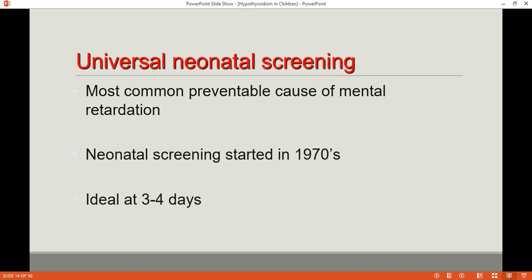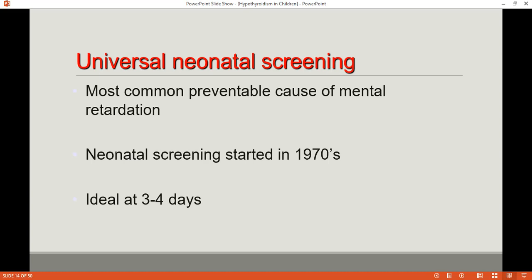NICH is starting neonatal screening, with the help of the Sindh government, and it will start soon. Neonatal screening was started in the 1970s, and the ideal time, which is important to remember, is 3 to 4 days.